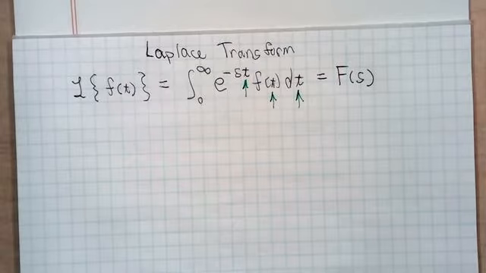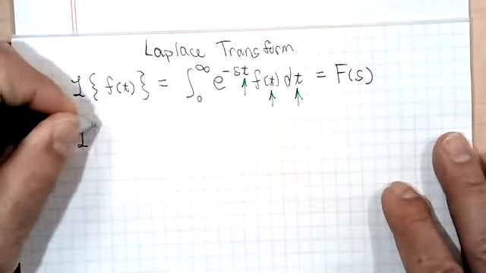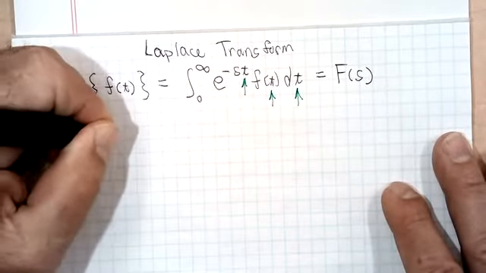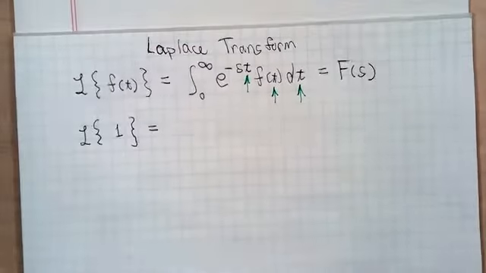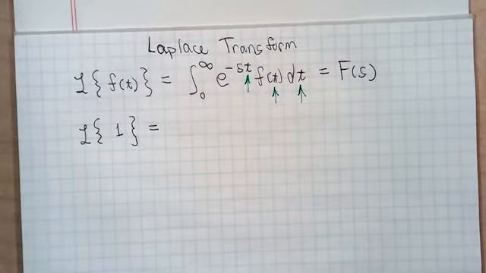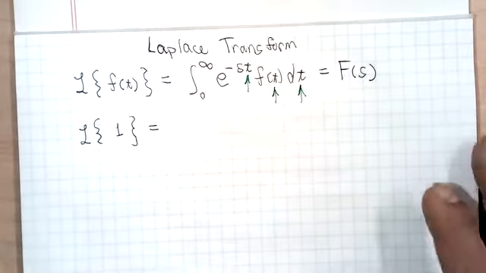Well, that's the beast we're going to be working on. So why don't we just compute a Laplace transform, and I'll try to convince you that they're not all horribly difficult. How about the function that's always equal to 1? You can think of this as the first step in being able to take transforms of polynomials. If I can take a transform of 1 and t squared and t cubed, et cetera, then I can go a term at a time and get the transform of a polynomial.